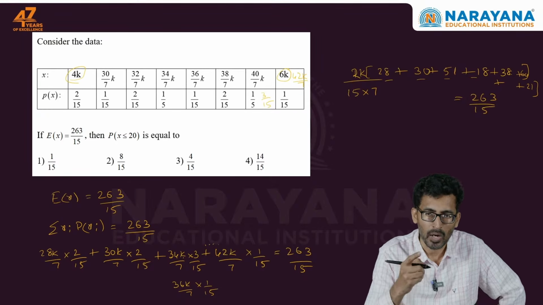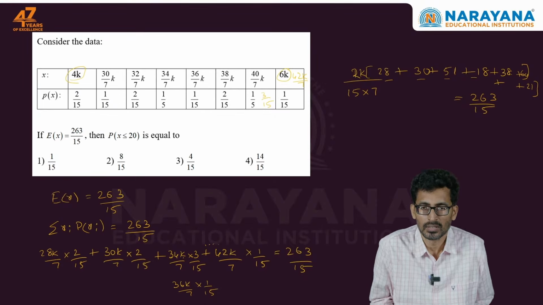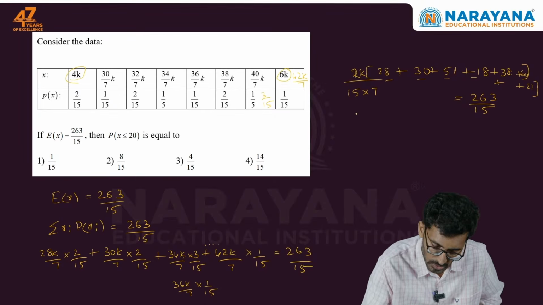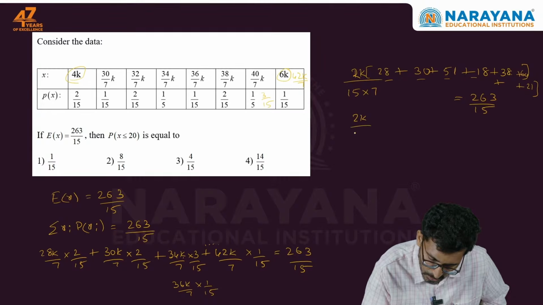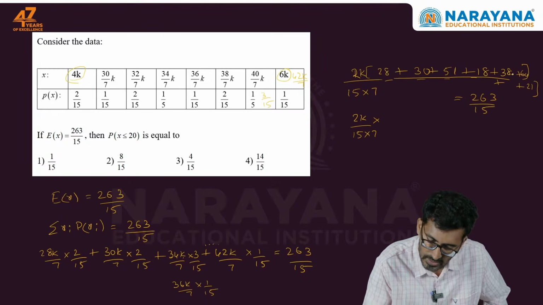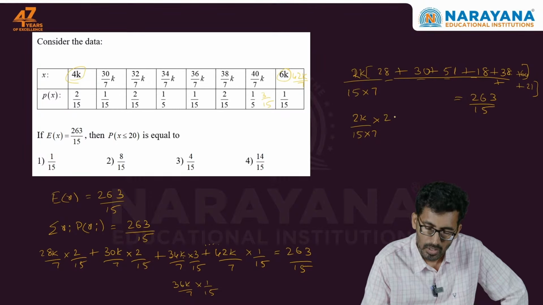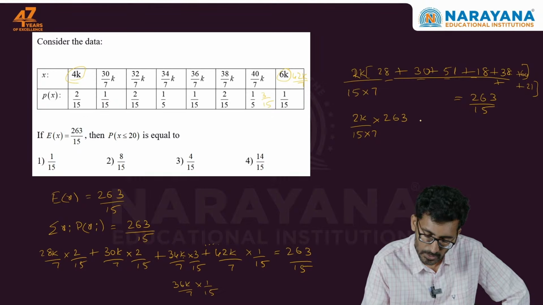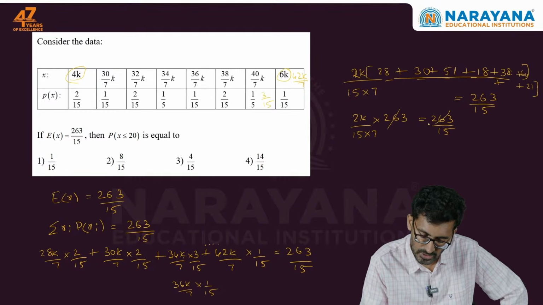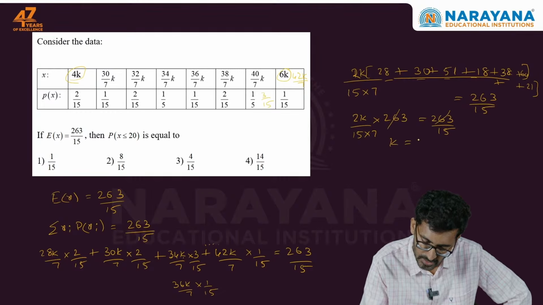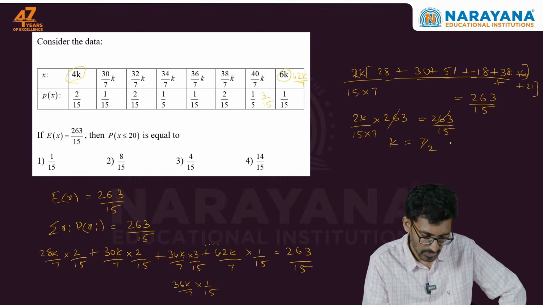Okay, I have added all these terms just a few minutes ago. So the answer I was getting is 2k by 15 into 7. Here when I added all these terms, I was getting 263 into 263 is equal to 263 by 15. So 263 gets cancelled out, and k is equal to 7 by 2. So k is equal to 7 by 2 we are getting.